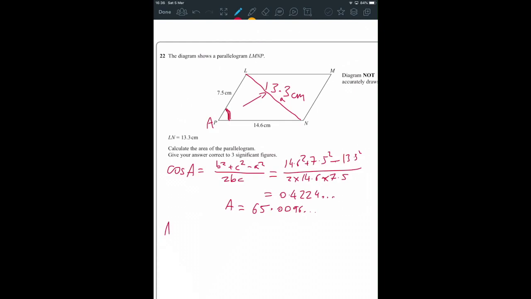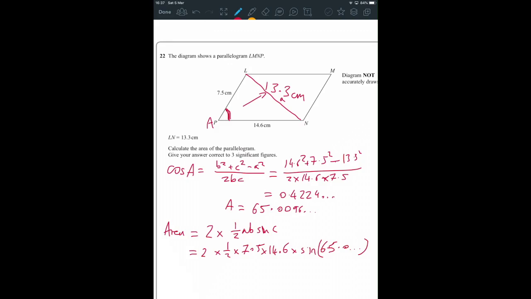So now the area is going to be 2 lots of the triangle, and we're using the formula half ab sine C. So that's 2 lots of a half of 7.5 times 14.6 times sine of that 65, etc. And notice I have kind of snuck in here that I've relabeled the triangle.